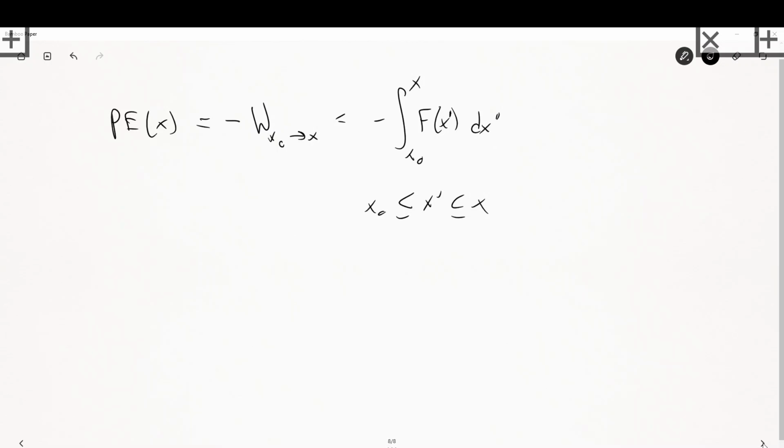Okay, so my potential energy with respect to x is actually the negative antiderivative of the force. And so we get a very nice formula here that the force is the negative derivative of the potential energy with respect to x.